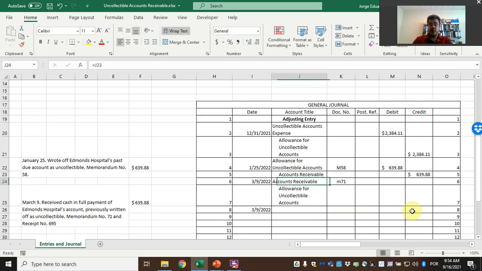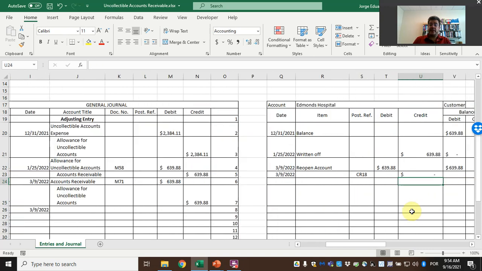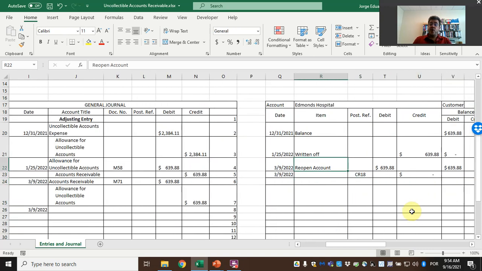Memorandum 71, and then debit the same $639, credit the $639. Now, okay, we are reversing it. Reopen account for Edmonds Hospital. We had written it off and now we are reopening. We are collecting this money.